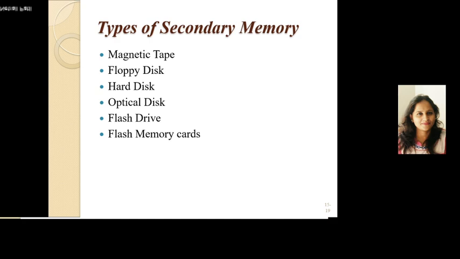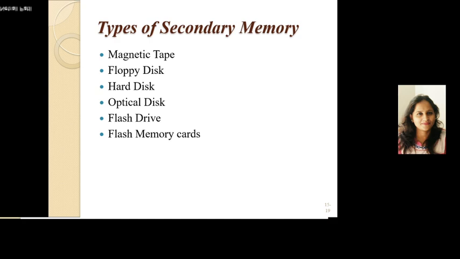Next one is optical disc. Optical disc is an electronic data storage medium from which data is read and written by using a low-powered laser beam. Optical discs are flat, circular, plastic or glass discs on which data is stored in the form of light and dark bits.